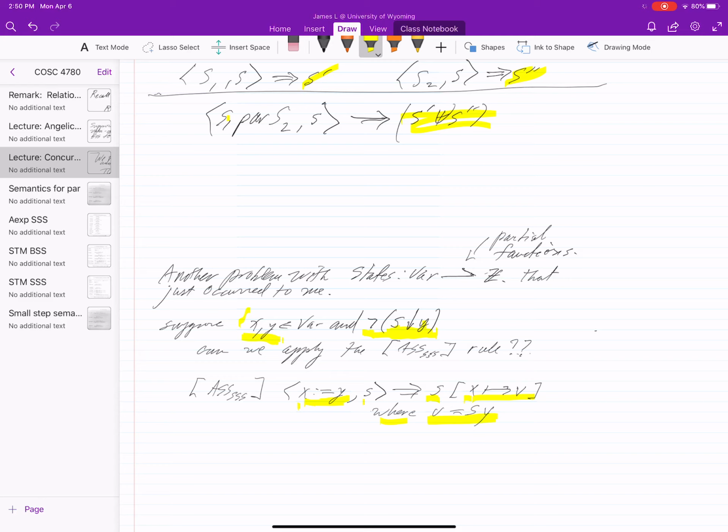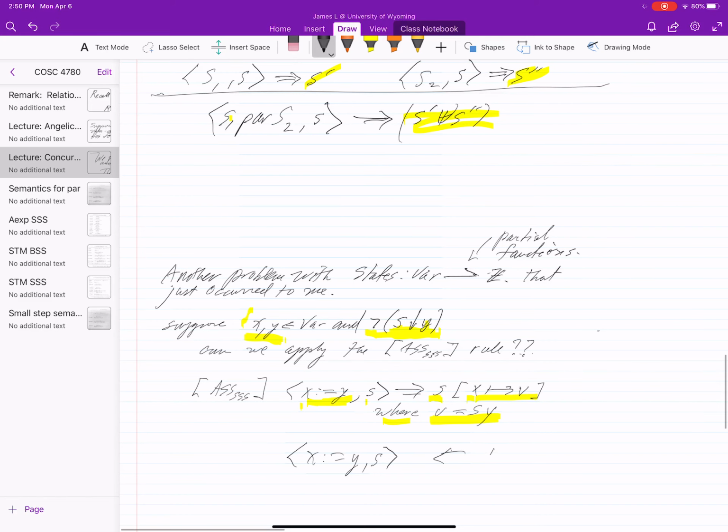So essentially, if you get to a state that looks like this, as long as S doesn't define Y, there's no place to go. There's no place to go because no rule applies for this one.